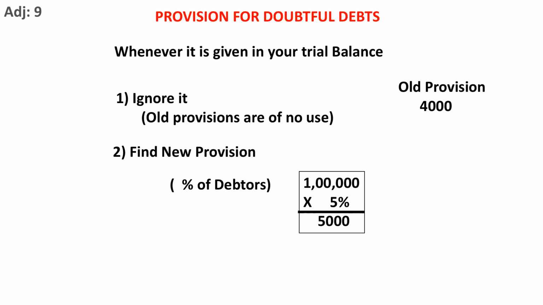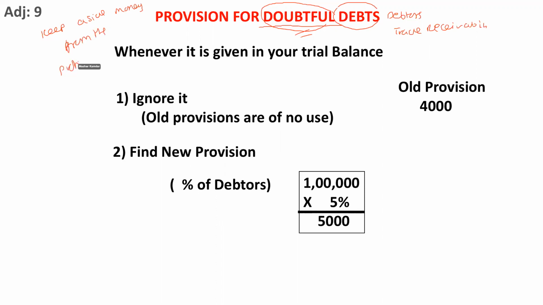Provision for doubtful debts is that you have a doubt that your debtors, your trade receivables, will not pay you, and so you keep aside money from your profits.